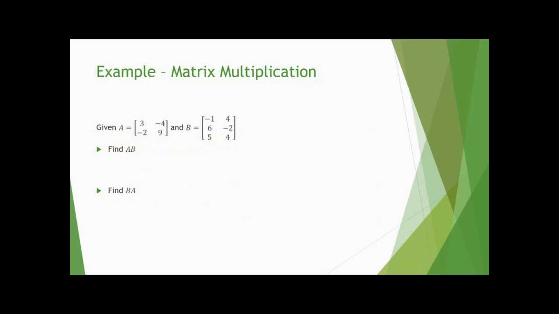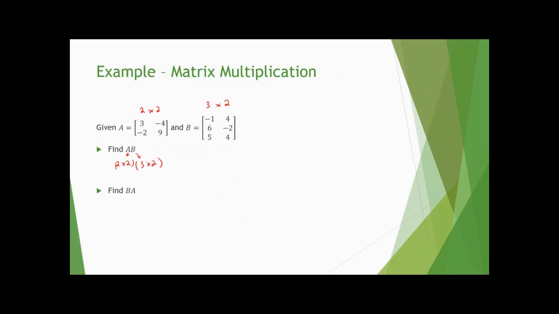So I've got 2 matrices here. This first one is a 2 by 2. The second one has 3 rows, 2 columns, so that's a 3 by 2. So we're going to do matrix multiplication here. So we find AB. A is 2 by 2. B is 3 by 2.